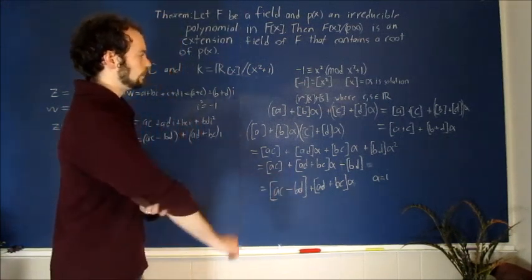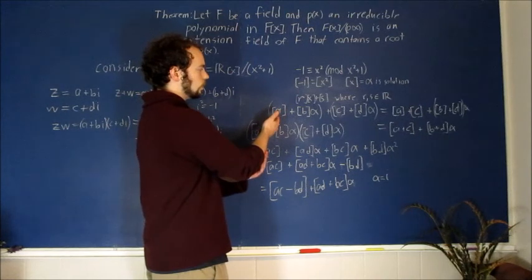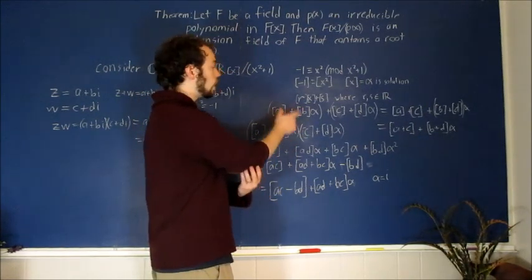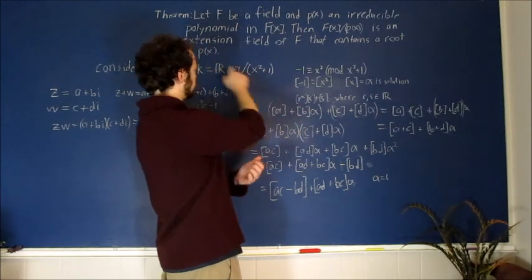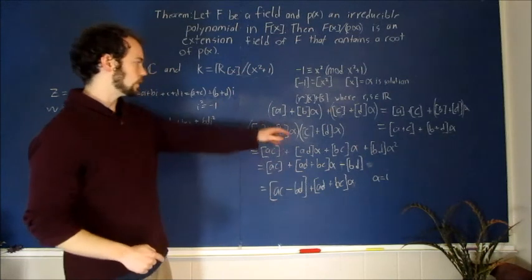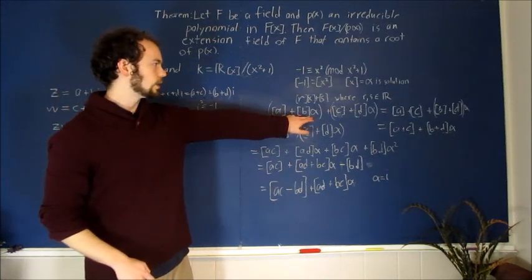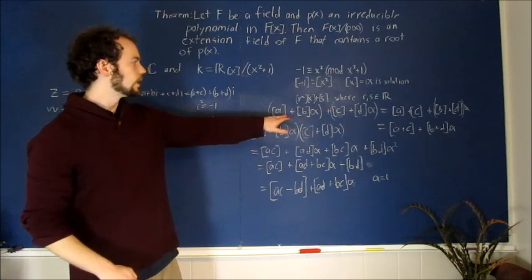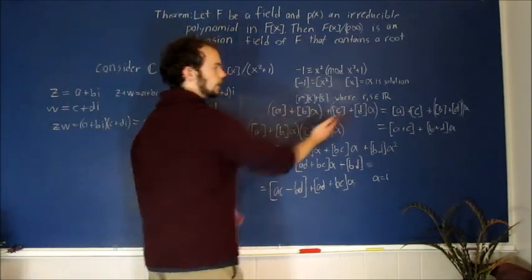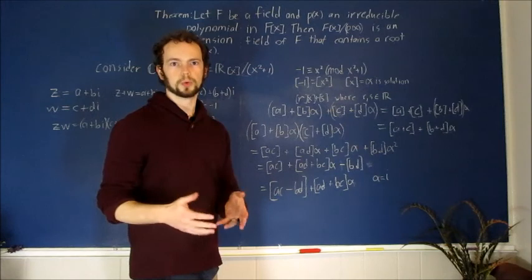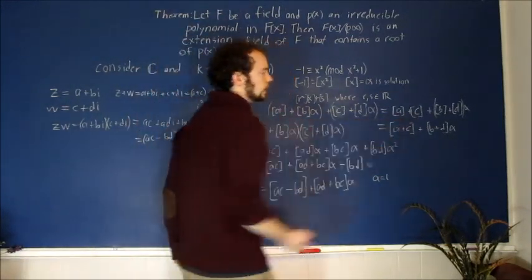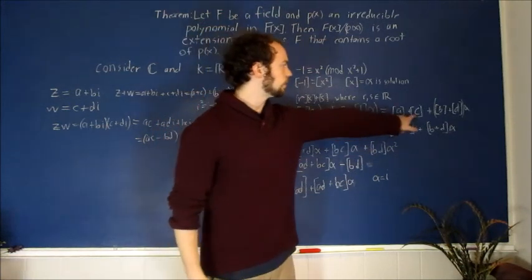Down here I've picked two arbitrary elements of the extension field, and you can see that if we add these together and follow the normal rules of congruence class arithmetic, this will eventually simplify like this.